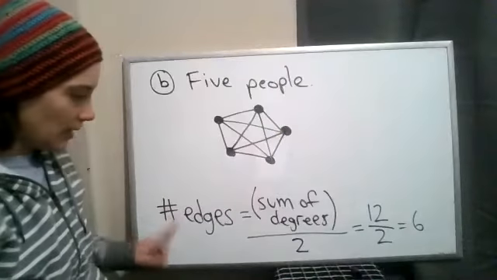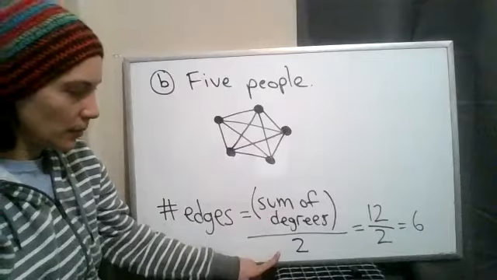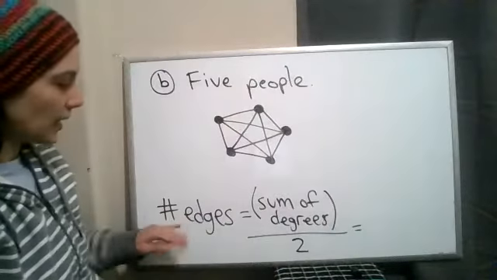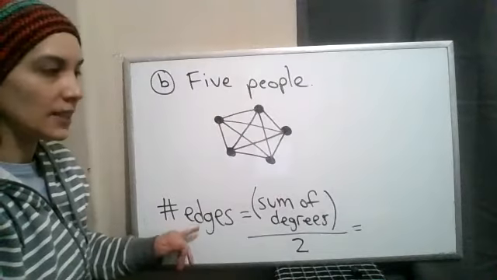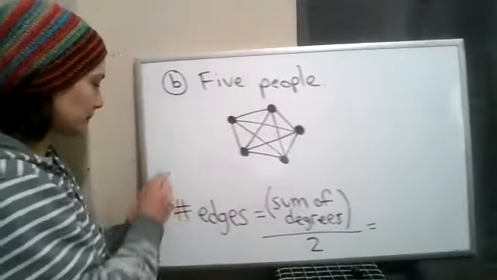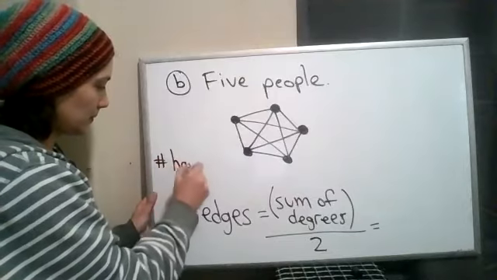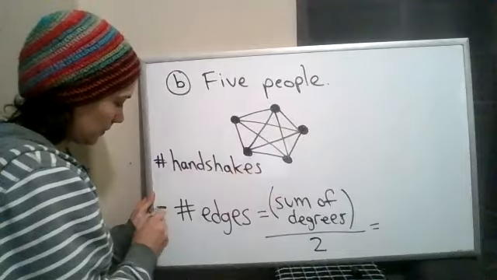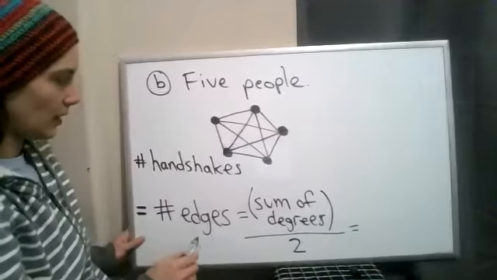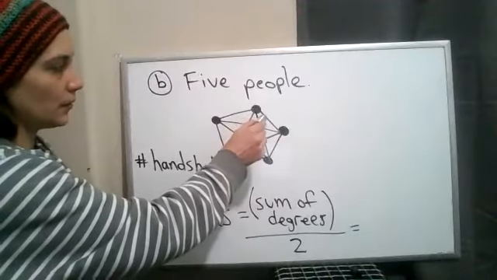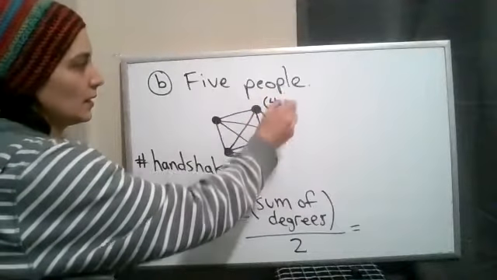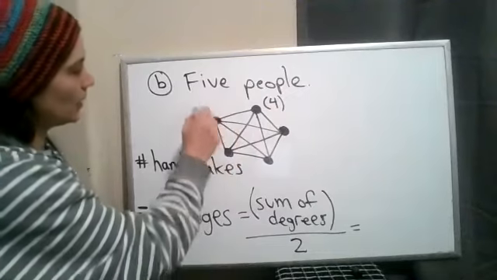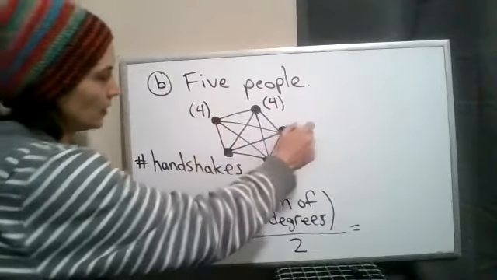Okay, we're going to do this again. The number of edges is the sum of degrees over 2. And like every edge is a handshake. So we're finding the number of handshakes. Okay. This is degree 1, 2, 3, 4. Label every vertex with its degree. 1, 2, 3, 4. Another one of those.